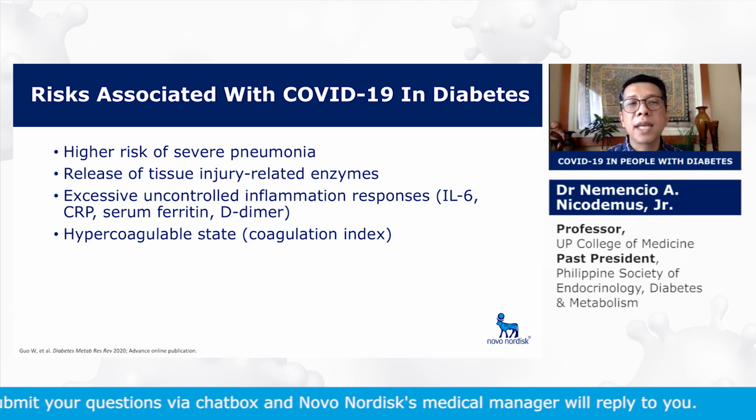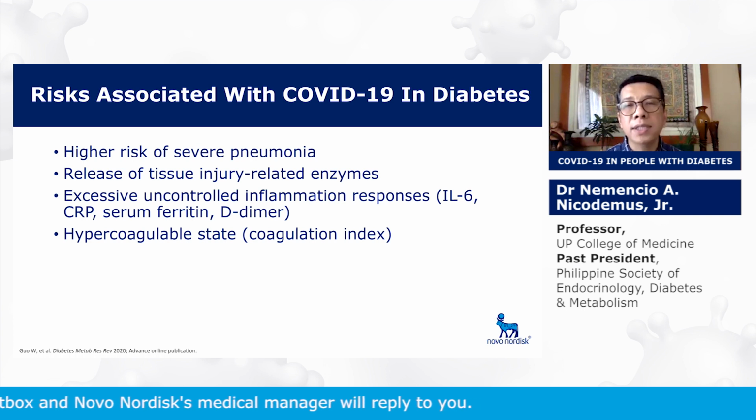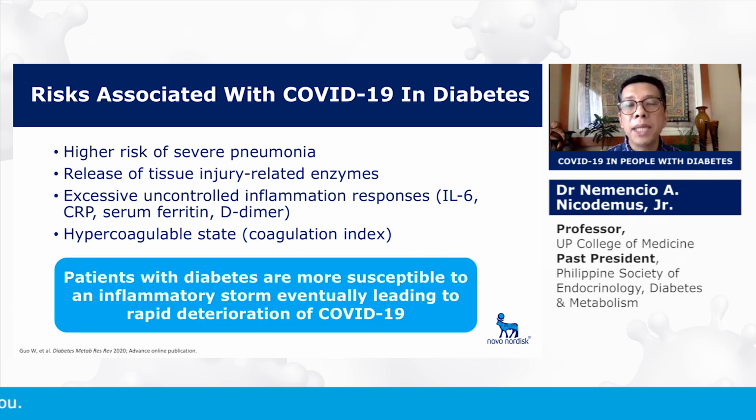There is an excessive uncontrolled inflammation, in the form of increasing inflammatory responses like interleukin-6, CRP, serum ferritin and D-dimer, and there is also a hypercoagulable state. Thus, patients with diabetes are more susceptible to an inflammatory storm, eventually leading to rapid deterioration of this particular disease.